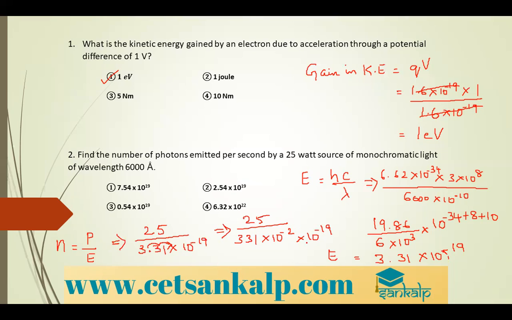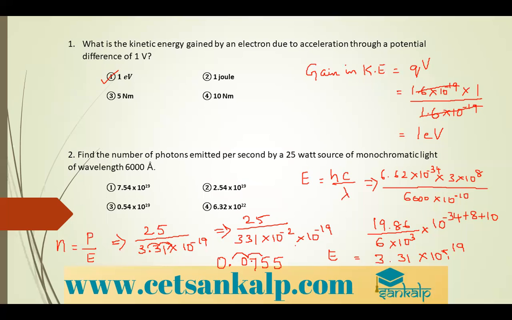So 10 to the power minus 21, right? So now 25 divided by 331, you will get 0.0755.